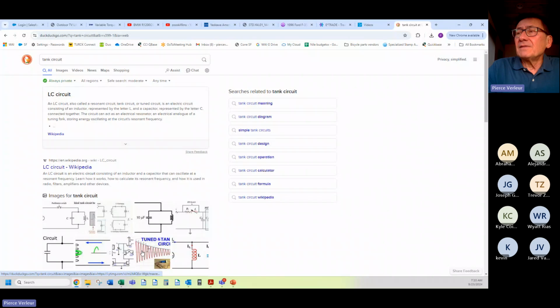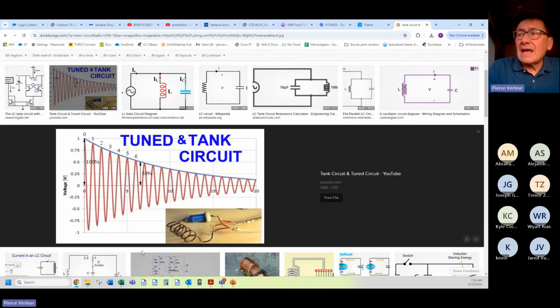And stuff like this can happen to your voltage on the output. This is not what we want to see. So a tank circuit, the basic concept required for the class today, is simply any circuit that has some inductance and capacitance in it.